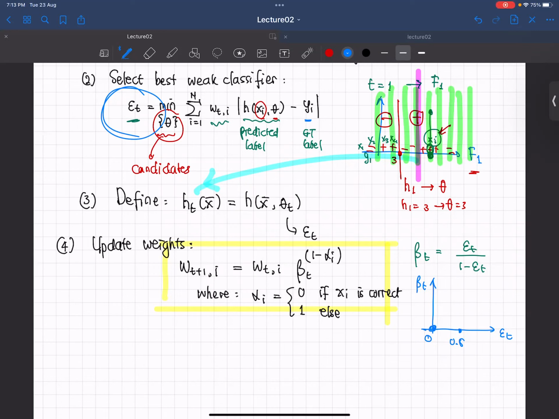It's not bad, it's not good, it's in the middle. Then beta equals 1. Now, if epsilon equals 1, which is very bad because it's the maximum error you can get, the value of beta will be infinity. So that's the graph in our mind about the correlation between beta and epsilon_t.